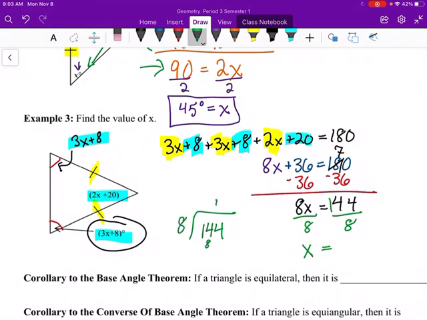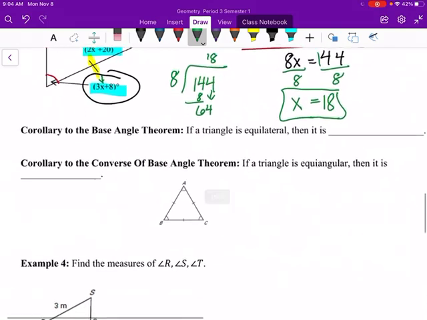It goes in there once, and 8, because 8 times 8 is 64. So our answer is x equals 18. And again, if you wanted to check your work, you can plug x in to the different expressions to make sure that they all add up to 180.